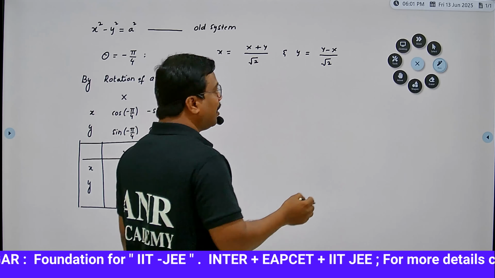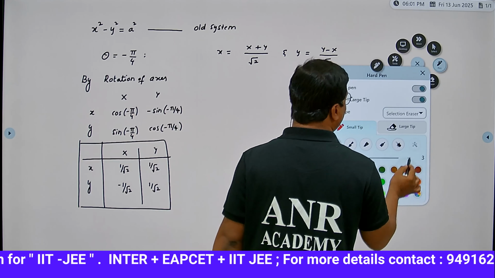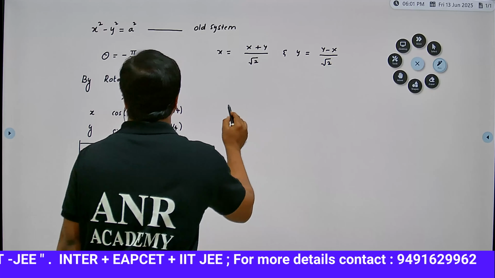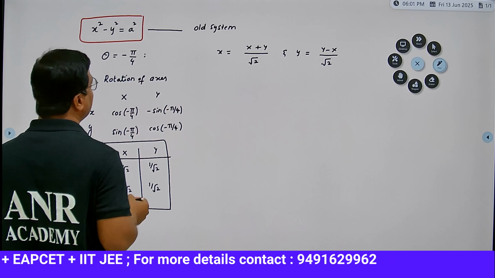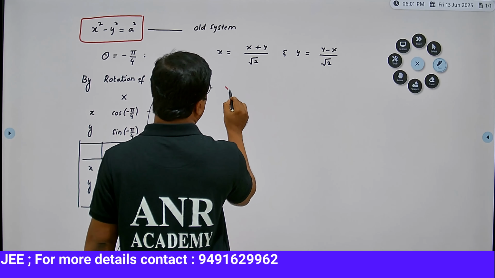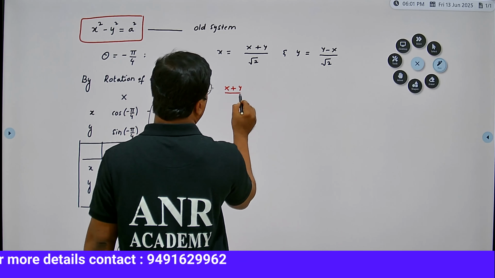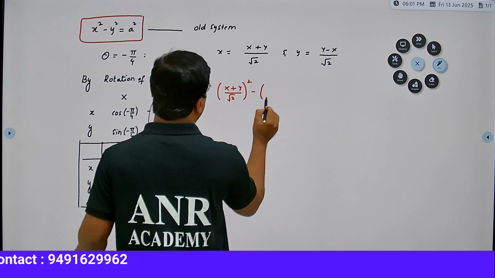Now I am going to replace the values of small x and small y in this old equation. What happens, observe. Small x is nothing but capital X plus capital Y divided by root 2 whole square. In between them you have a minus sign.